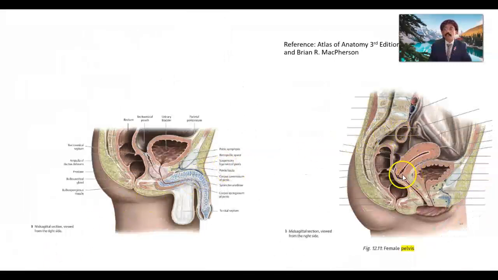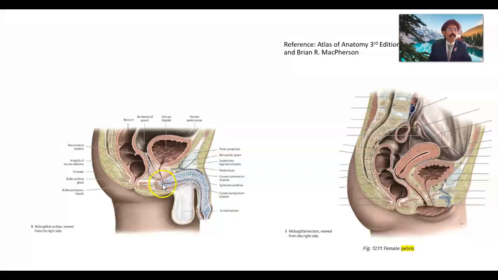If you look at the relationship in the female, this is a hemisection of the pelvis: anteriorly the lower part of the vagina, the perineal body here. This is the anal canal. Posteriorly, this is the tip of the coccyx, the anococcygeal ligament, and certainly a lot of fatty tissue around the anal canal. In the male, again the anal canal is here.